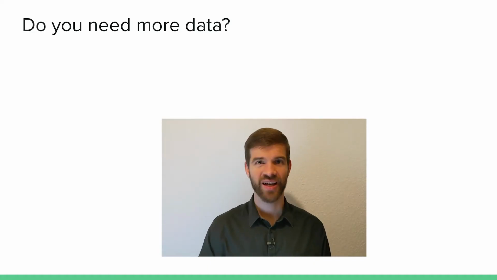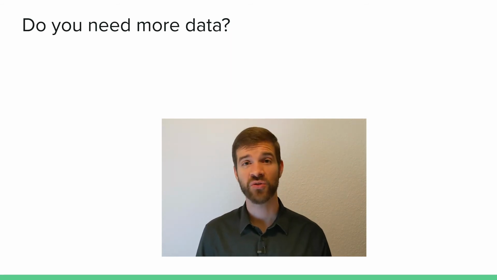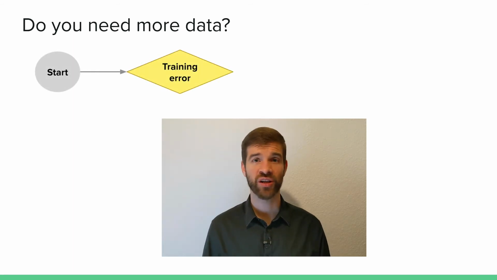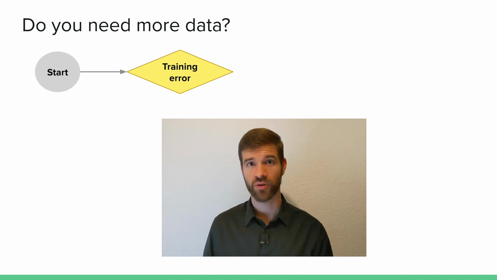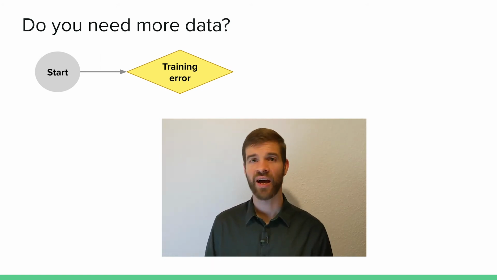So a small guideline here for you on trying to answer the question whether you need more data or not. Usually you should start with whatever training set you have, and you perform some hyperparameter optimization on your validation set, and you get a certain training error.